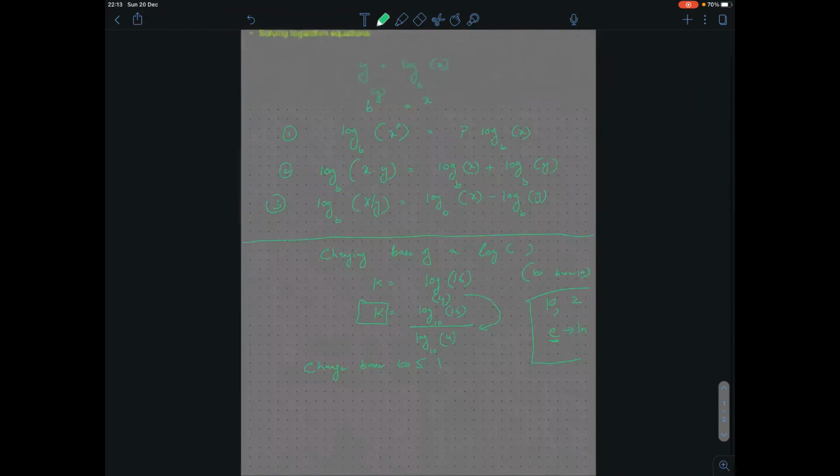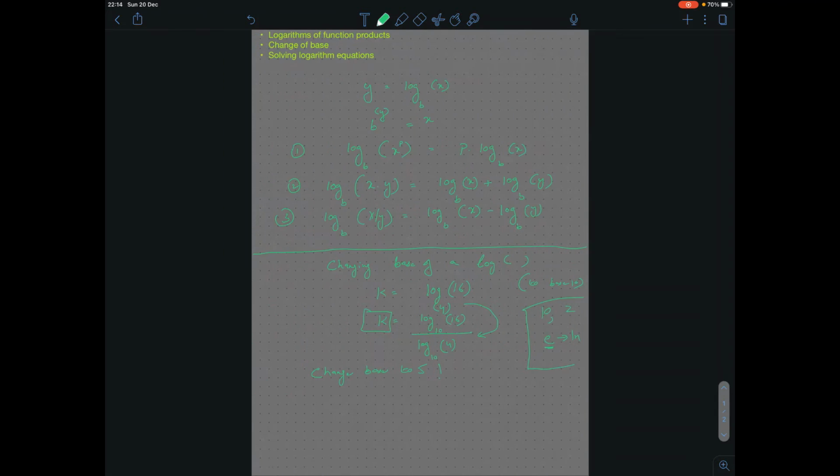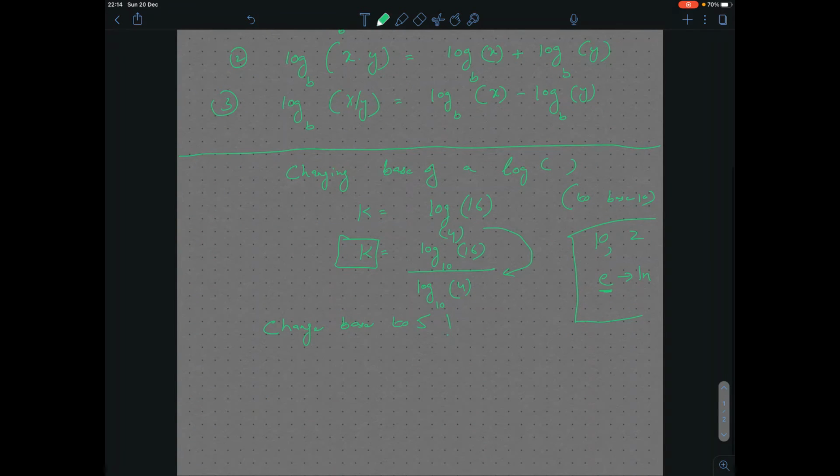The way we can do that easily is by using this particular property of changing the base to a base of 10. Let's rewrite that.